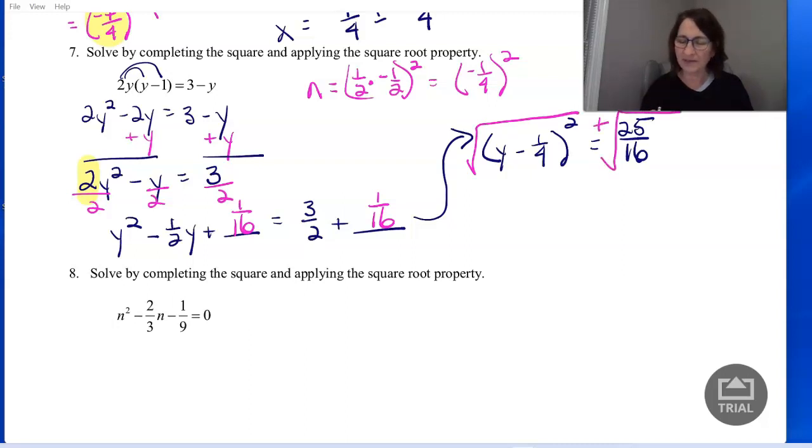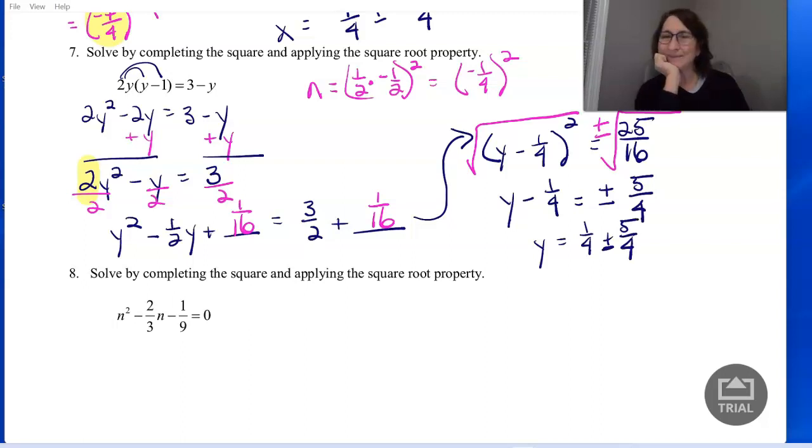So I'm applying my square root property, looking for both the positive and the negative roots on the right side. This leaves me with y minus 1/4 is equal to plus or minus 5/4. I'm going to add 1/4, so y is equal to 1/4 plus or minus 5/4. Well, I can add and subtract those fractions.